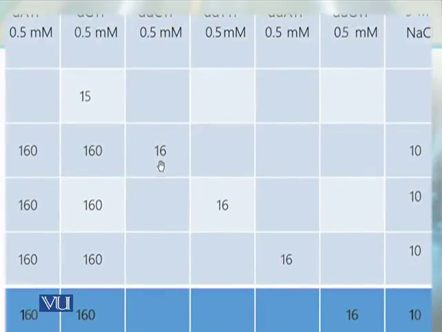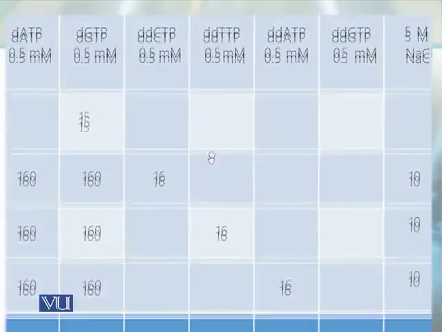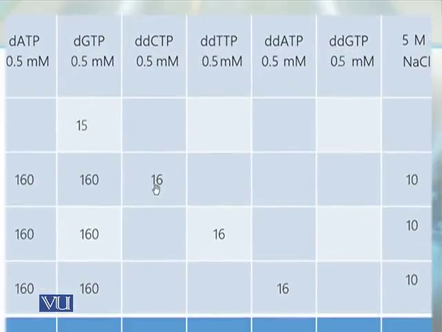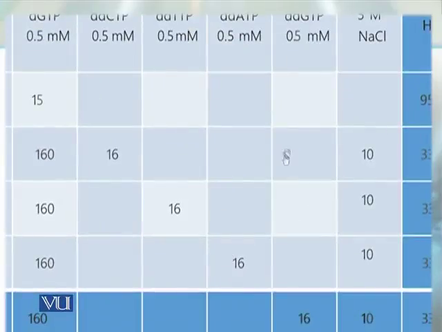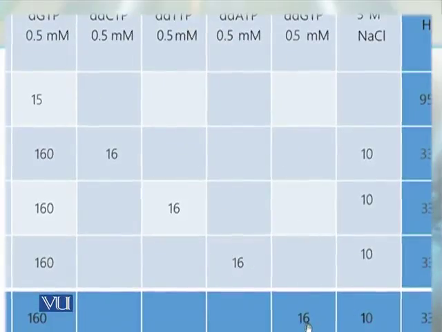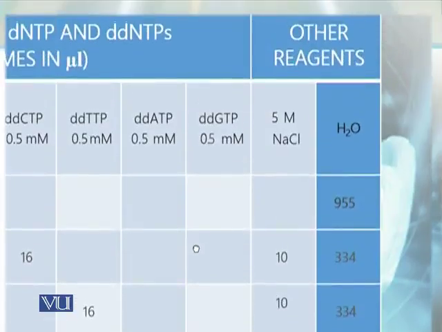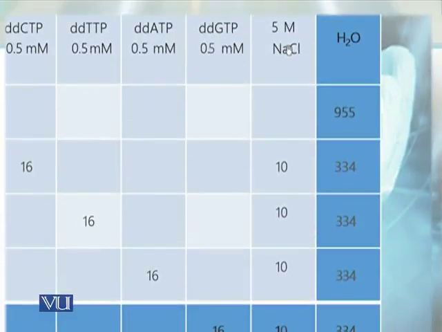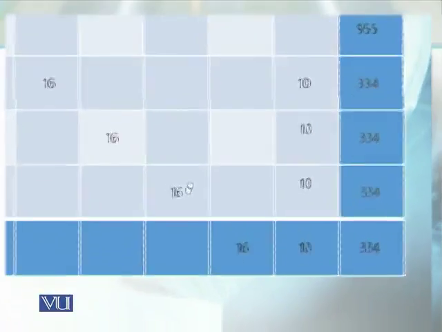That is, we are going to use 16 units or 16 microliter of dCTP, TTP, dATP and dGTP. Then other reagents includes sodium chloride 5 molar, 10 microliter in each of the 4 tubes, and water as per required volume.